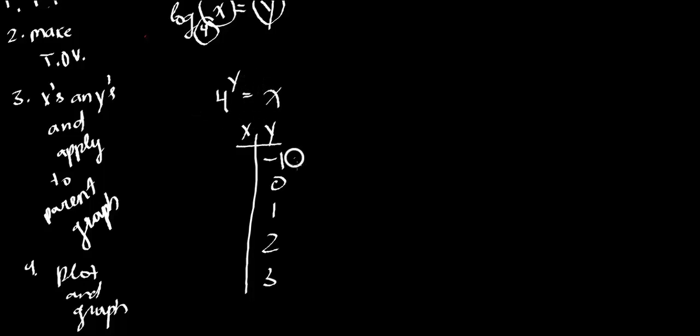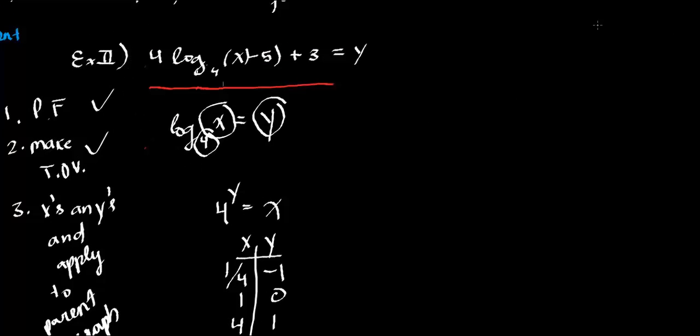Now let's just plug them in. 4 to the negative 1 is 1/4. 4 to the 0th power is 1. 4 to the first power is 4. 4 squared is 16. 4 cubed is 64. Sorry about the noise outside. Okay, great. We made our table of values, and we got the parent function.